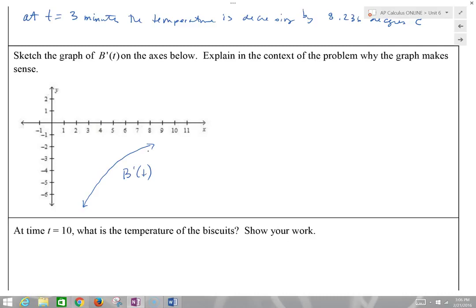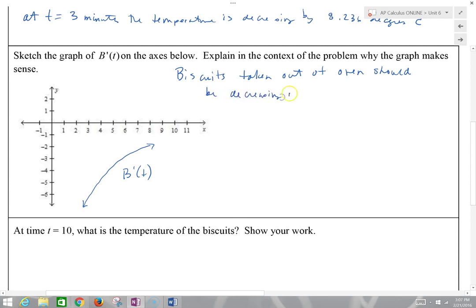Well, think about what we're talking about. We're talking about biscuits taken out of the oven, put in room temperature. So they were 100 degrees when they came out of the oven, and then the rate of the temperature should be decreasing. So biscuits taken out of the oven should be decreasing in temperature, at least until they reach room temperature.